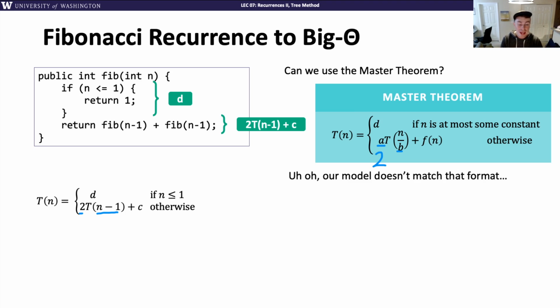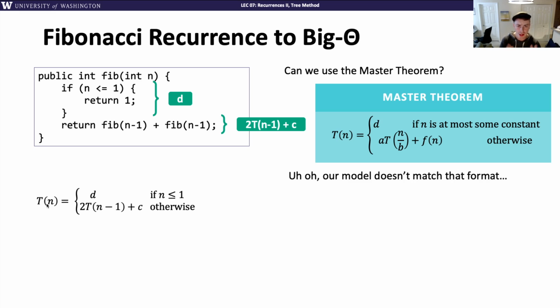So we aren't going to be able to use master theorem here, which kind of sucks because, looking at this recurrence, I don't know what the big theta of it is. I can't just look at that and know. And so this is why we're going to need yet another asymptotic analysis tool to take this recurrence and get us a big theta bound.